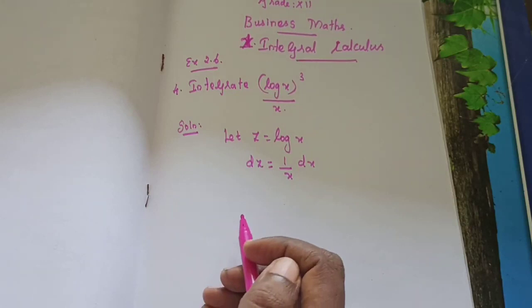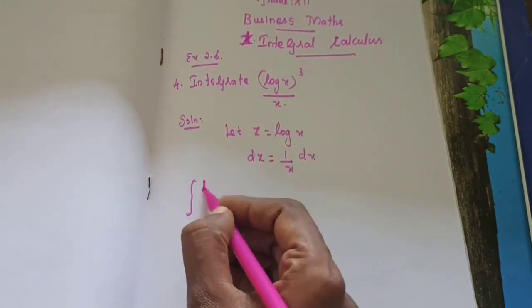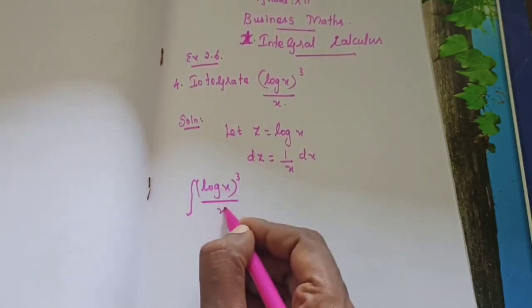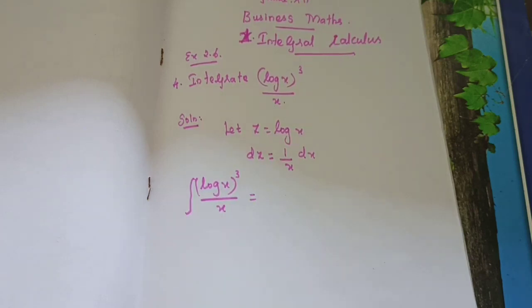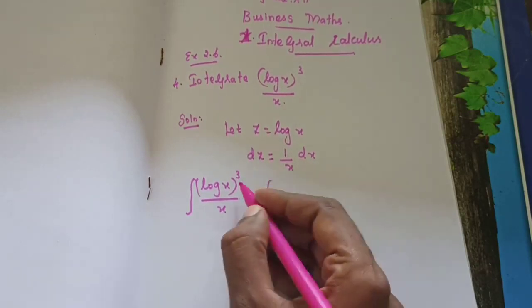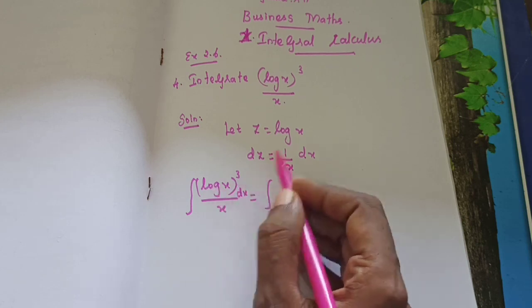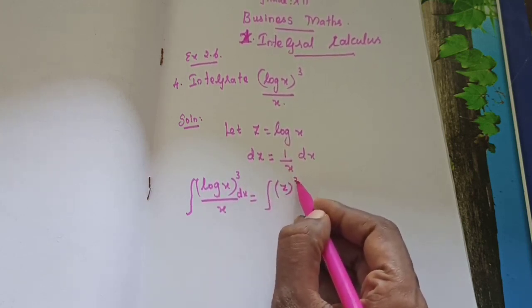Now we are going to substitute in the question. The integration of (log x)^3 divided by x is equal to, listen here very carefully. Log x is z, so z to the whole cube.